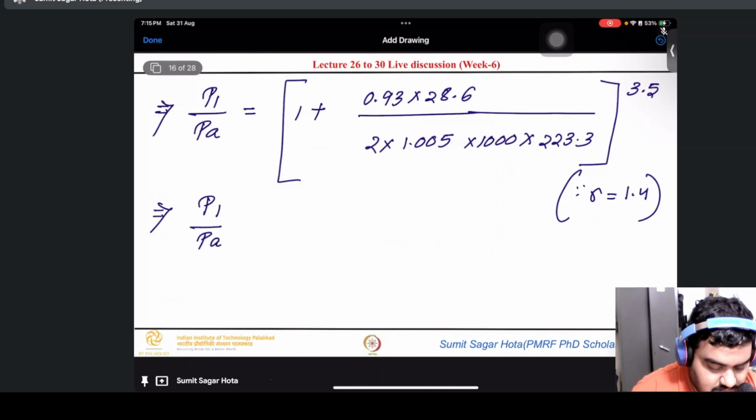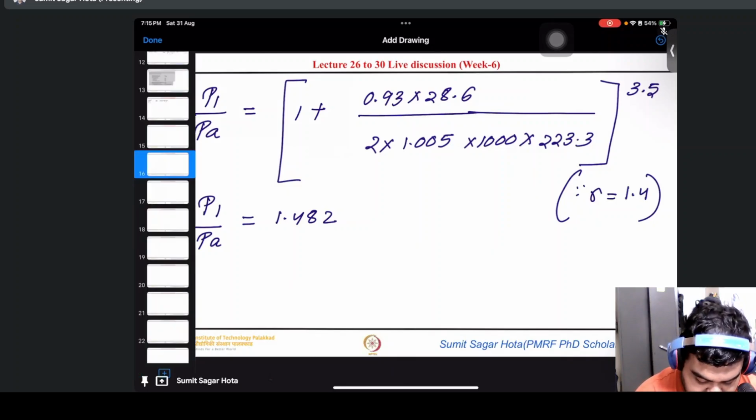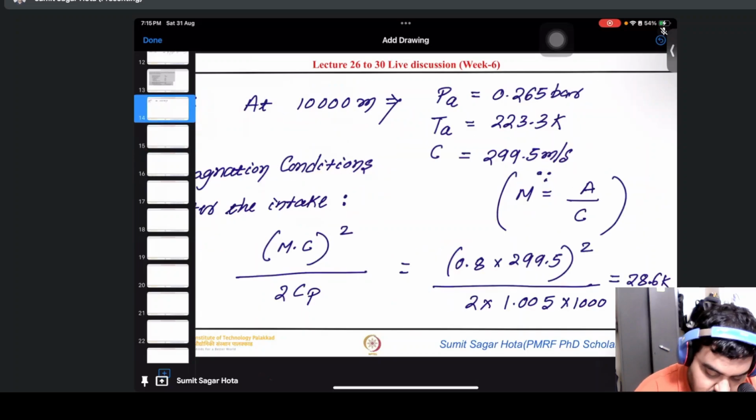If you solve, you will get P1 by PA as 1.482. Now you know what PA is. PA was already found from the height of 10,000 meter. You get the PA ambient condition as 0.265 bar.